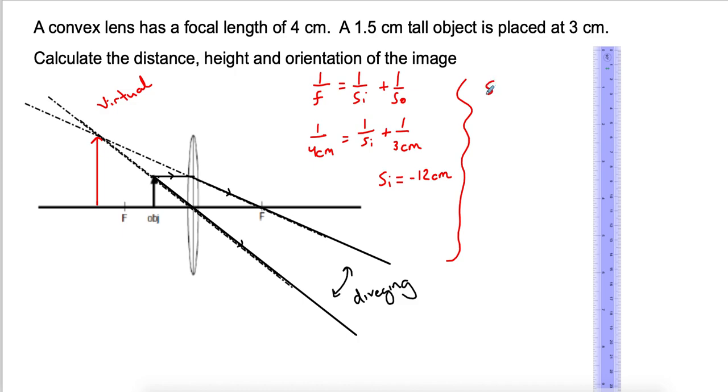So we can go ahead and look at the magnification as well and figure out the image height. Our image distance is 12 centimeters. Subscripts play an important role. Our object distance was 3 centimeters. The image height is what we're looking for, and our object height is the 1.5.